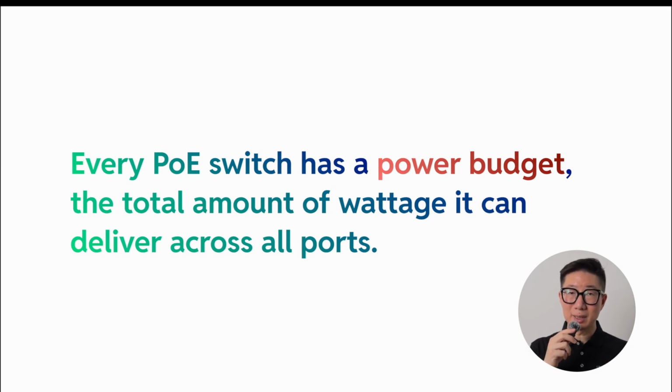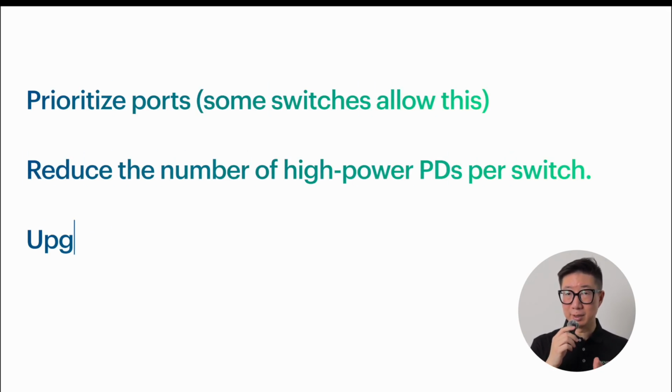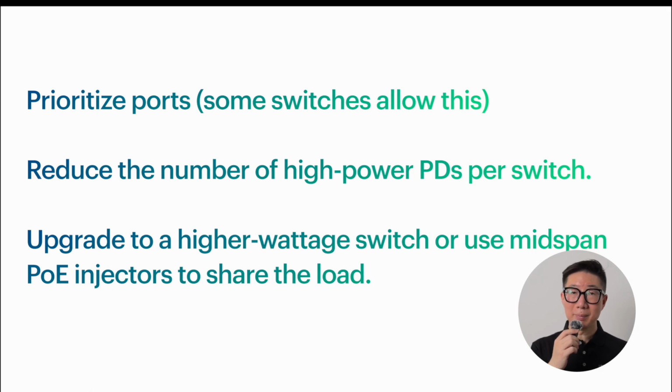In this case, only the first few devices may power on, the rest, no dice. Smart switches might show an alert, or you may just notice devices randomly turning off. What can you do? Prioritize ports. Some switches allow this. Reduce the number of high-power PDs per switch. Upgrade to a higher power switch or use mid-span PoE injectors to share the load.